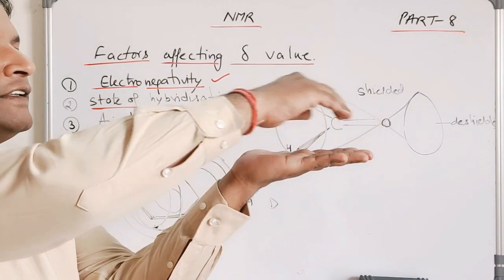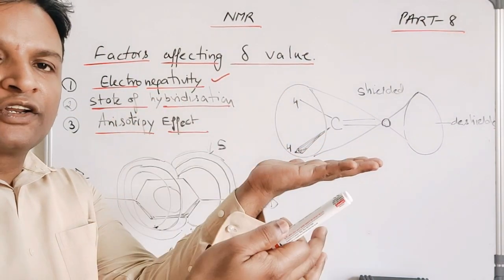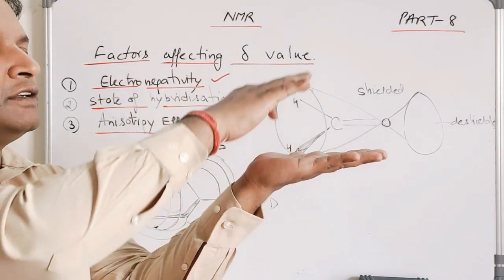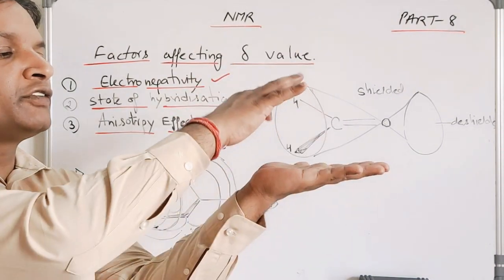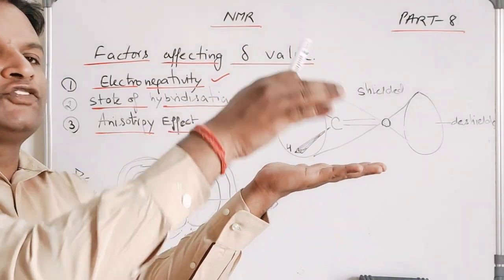In that case, the pi electrons above and below the ring will start circulating in a particular manner, and this will generate a magnetic field in a circular motion around this molecule. In this motion there will be a shielded effect.